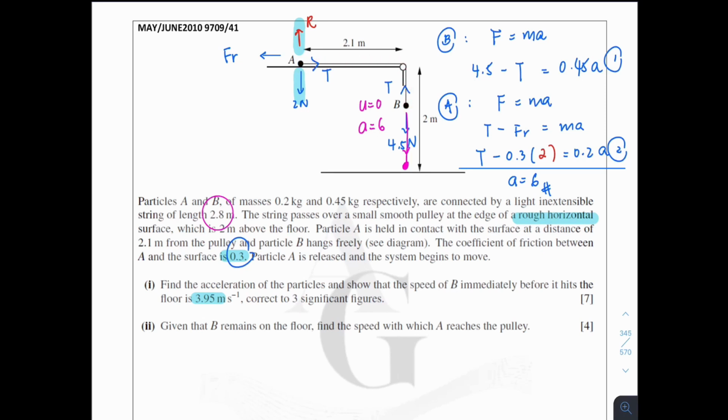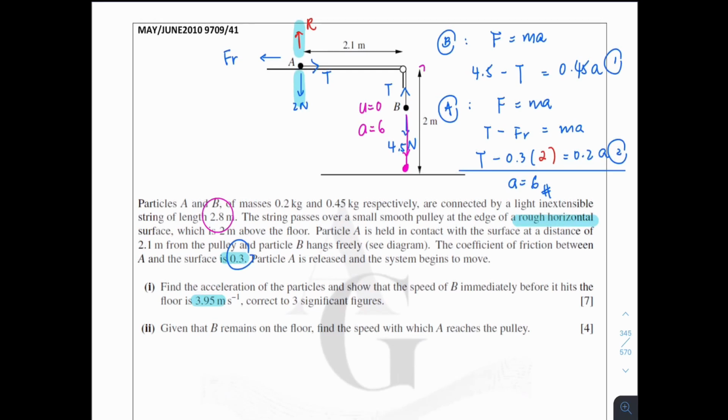So 2.8 minus the 2.1 here, which means this part is 0.7. So in total, here is 2 meter. In another word, for B to travel to reach the floor, it's 1.3 meter. So the s is 1.3.